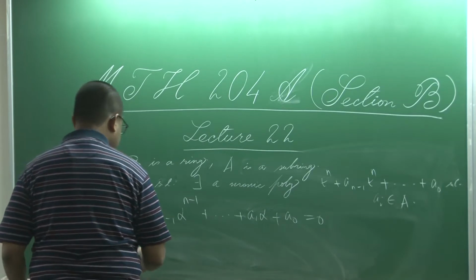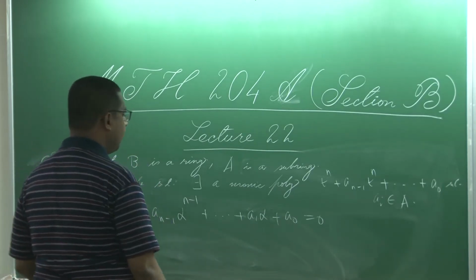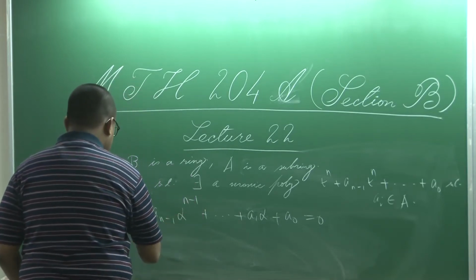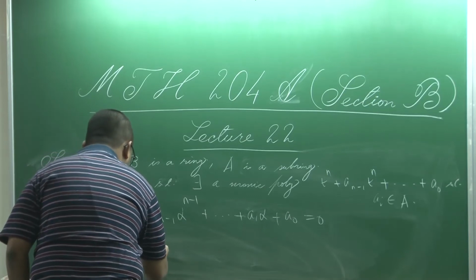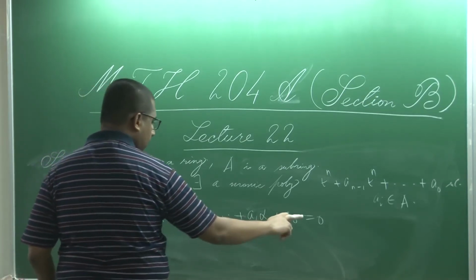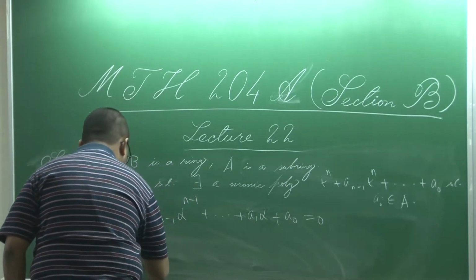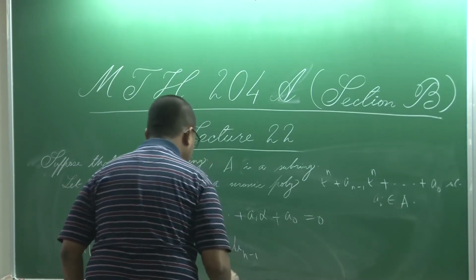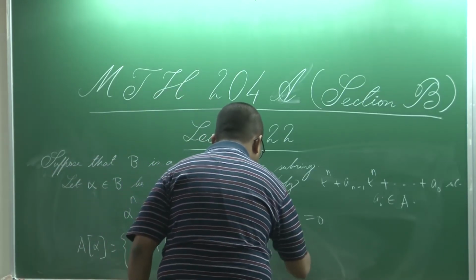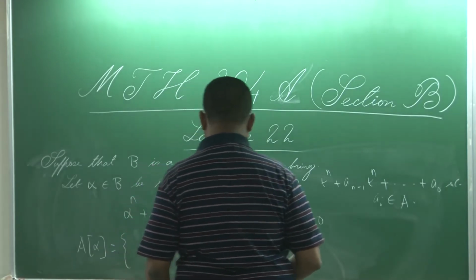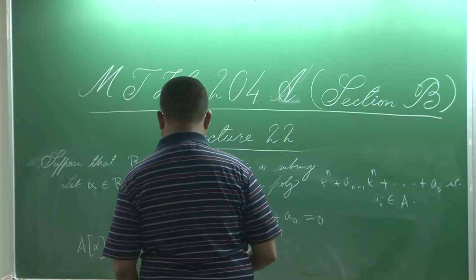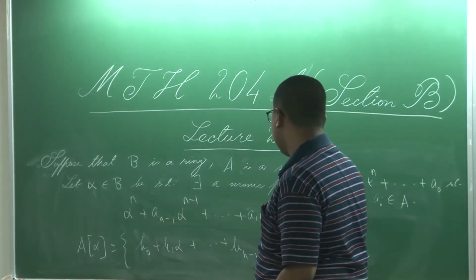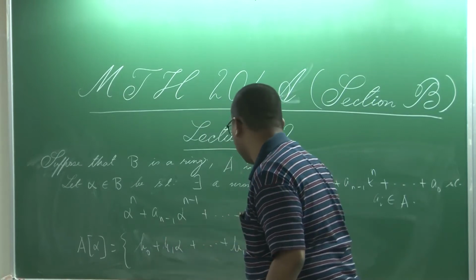A of alpha is precisely the collection of all members of B of this form: b_0 plus b_1 alpha plus up to b_(n-1) alpha to the power n minus 1, where each b_i is in A. The higher powers are not needed, because alpha to the power n can again be expressed as a linear combination of the lower powers of alpha.